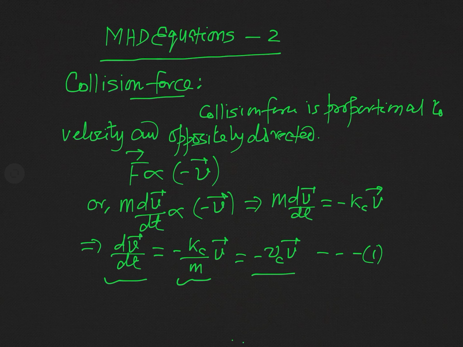In the previous lecture, I considered only the electromagnetic force. In that condition we calculated dV by dt, and in this case we have calculated dV by dt considering only the collision force.